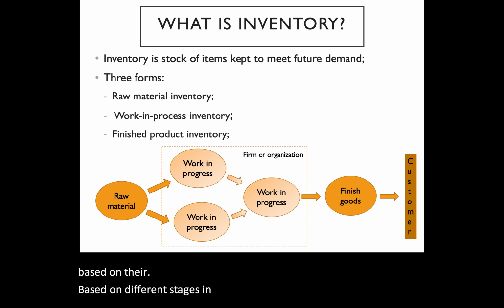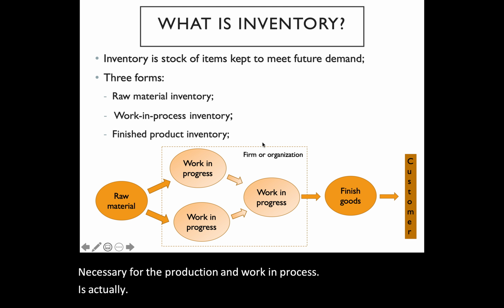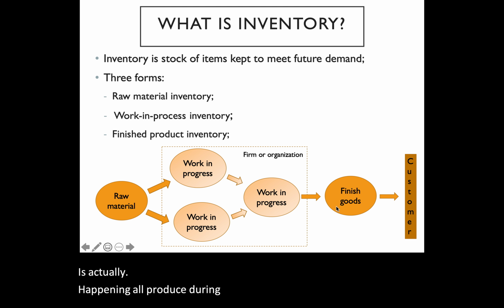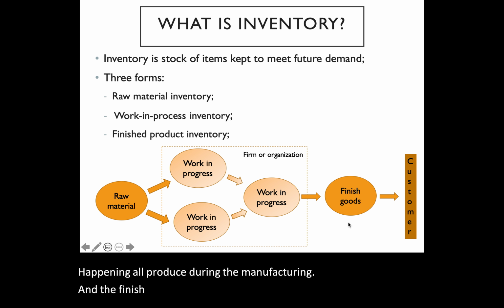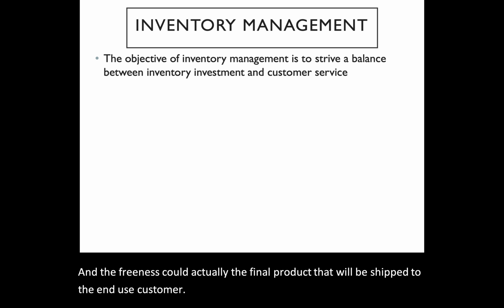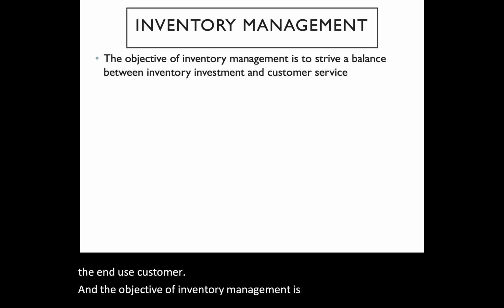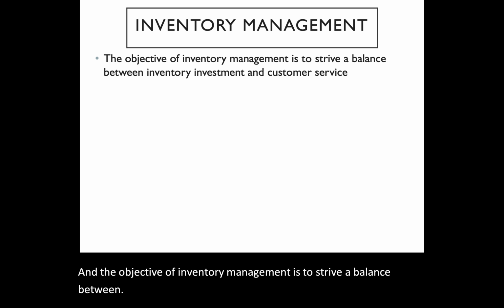Raw material is components that are necessary for the production, and work in process is what is actually happening or produced during the manufacturing, and the finished goods are the final product that will be shipped to the end user customer. And the objective of inventory management is to strive for a balance between inventory investment and customer service.